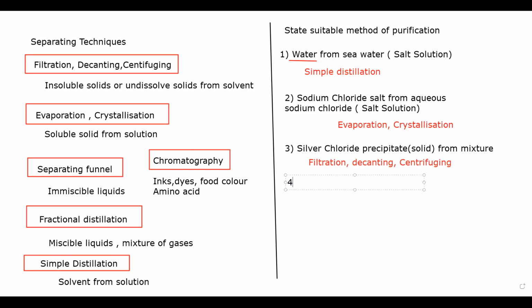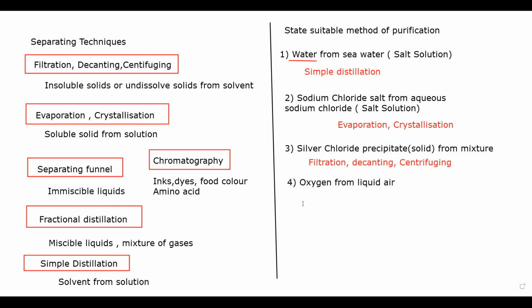If you want to separate oxygen from liquid air, which technique is suitable? Air is a mixture of gases, but we can condense them, convert them into the liquid state.